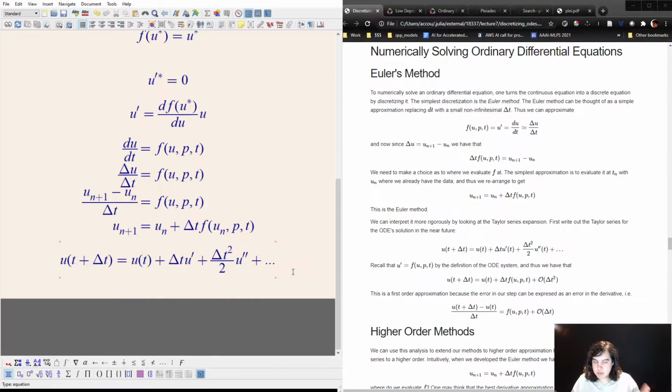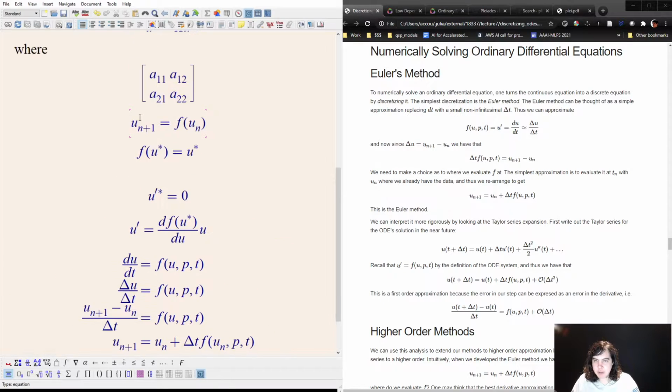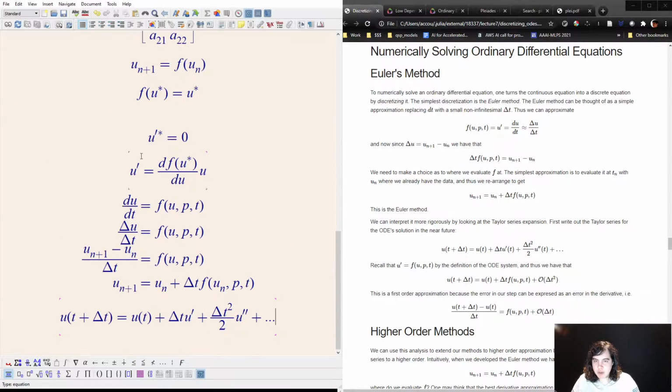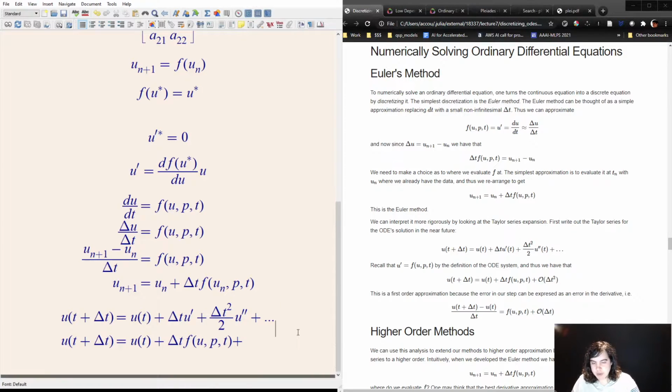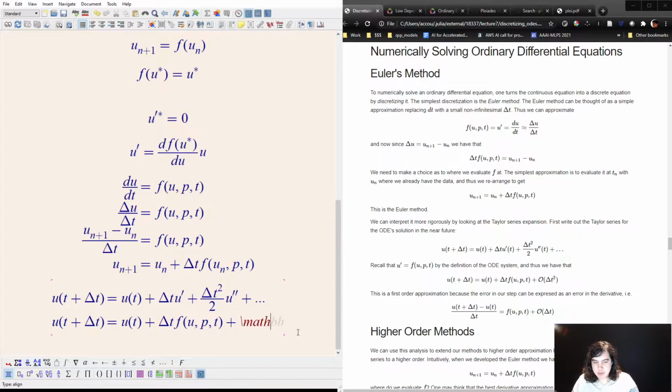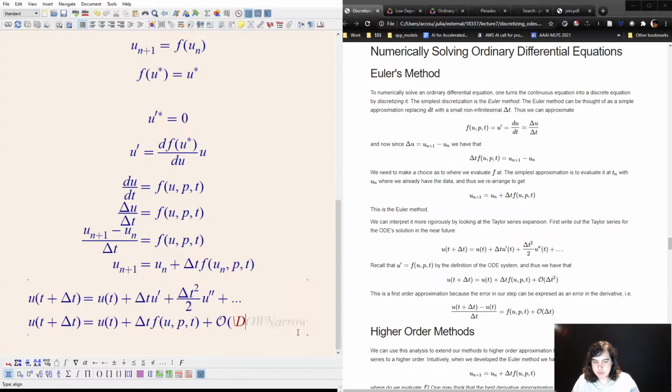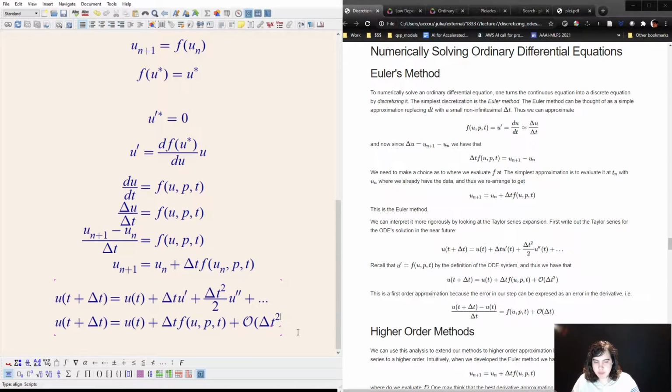Now by the way that we define this equation, u prime equals f(u, t). So if we use the relationship that defines the ODE itself, then u of t plus delta t equals u of t plus delta t times f(u, t), and then we just say that everything else is junk, so big O of delta t squared.